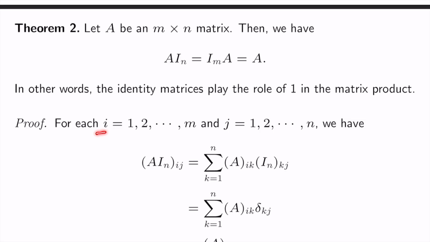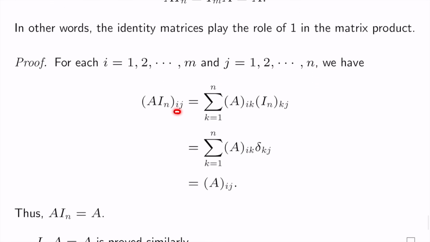For each i and each j, the ij element of the matrix product A In is this according to the definition. So the ik element of A and the kj element of In. But this one is Kronecker's delta, so delta kj. So k runs from 1 to n, and delta kj is equal to 1 if k is equal to j.